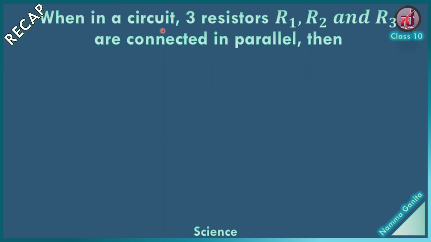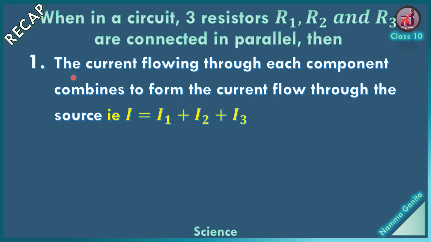When in a circuit, three resistors R1, R2 and R3 are connected in parallel, then first point, the current flowing through each component combines to form the current flow through the source, that is I is equal to I1 plus I2 plus I3.